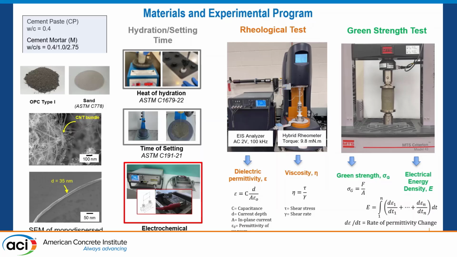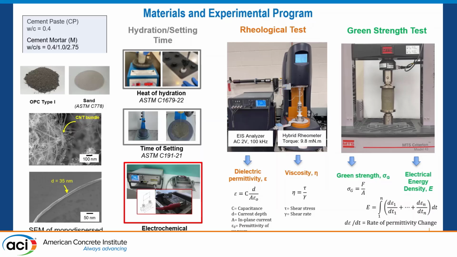And to showcase the ability to monitor changes in the properties at the fluid state and the early age stage, we used two different procedures of carbon nanotubes: as-received carbon nanotubes in a form of bundles, and monodispersed carbon nanotubes. We applied controlled ultrasonication energy to thoroughly disperse the as-received nanotubes into monodispersed nanomaterials.